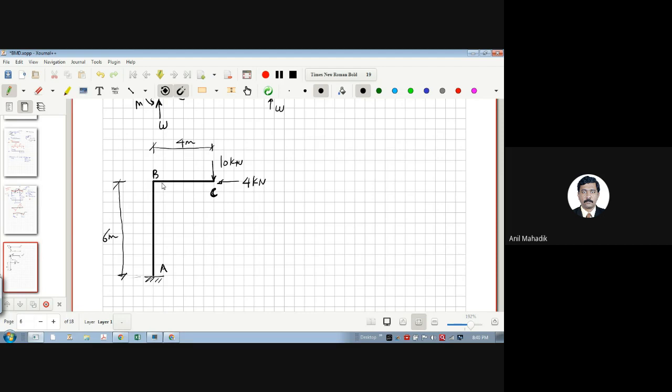So solve the beam and column separately whenever you calculate the reactions. Please draw the free body diagram of this beam and column. So split them. This is your homework. We will solve that in the next session.